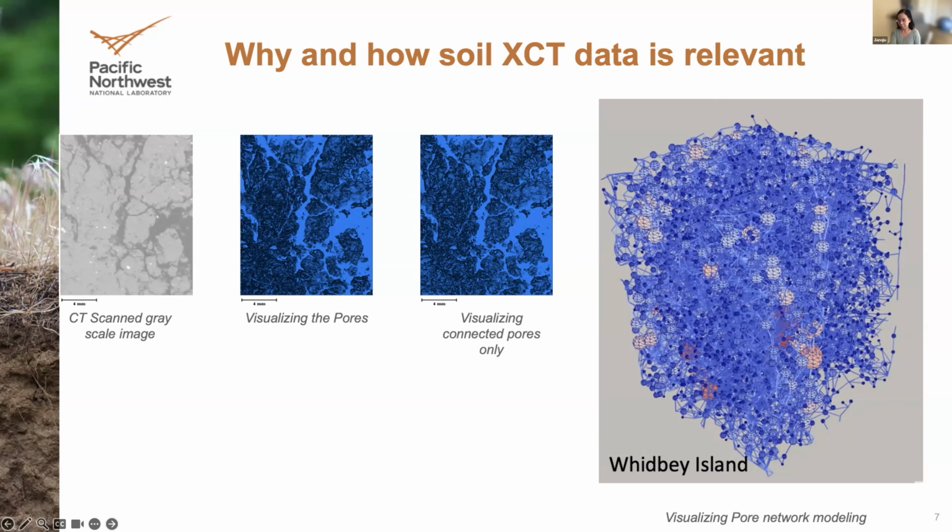So for me, taking those spreadsheets and that information, I was able to use pore network modeling to create really cool visualizations first, and then really think about what it means for this heterogeneity in soils, right? Here I'm just showing an example data set from Tomas. This is Whidbey Island.